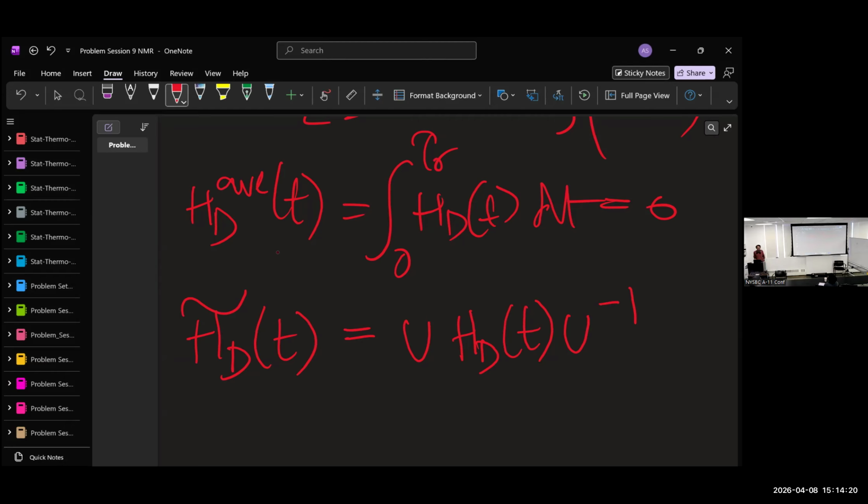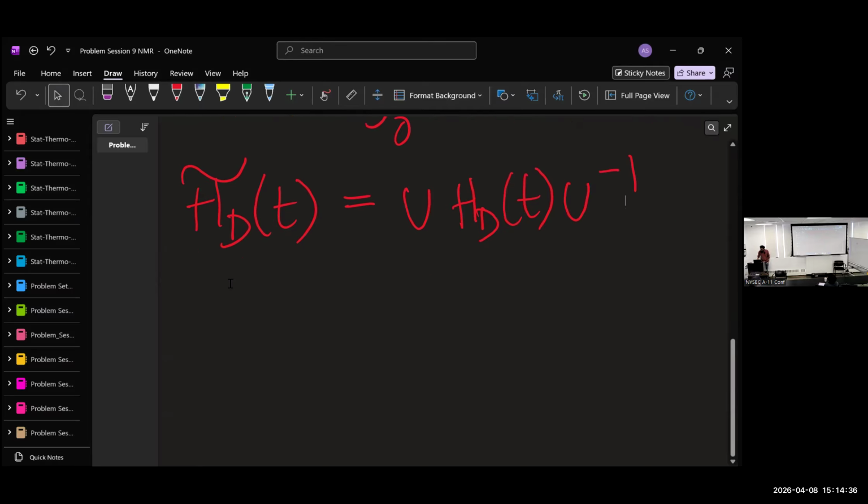And if it is non-zero, then transverse magnetization, or in this case actually longitudinal magnetization, will evolve under the dipolar coupling, and that will enable distance measurements, magnetization transfer, and so on.